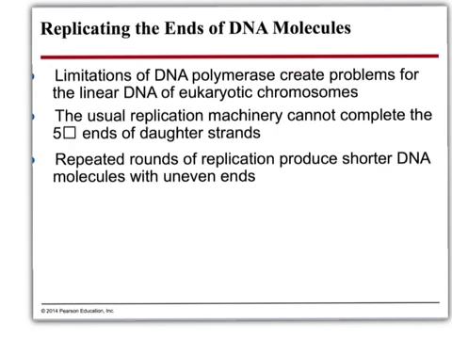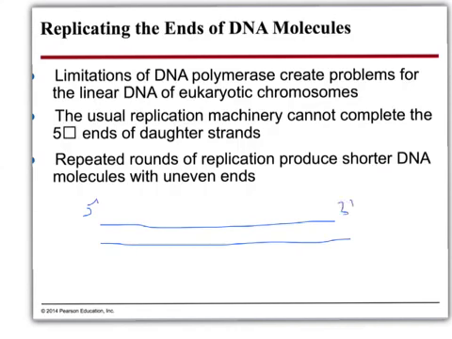So that's mismatch and nucleotide excision repair. One other problem that DNA replication runs into is that it tends to slow down at the ends. Let's do it this way. Here we have DNA, and we have 5 prime, 3 prime, 5 prime, 3 prime.